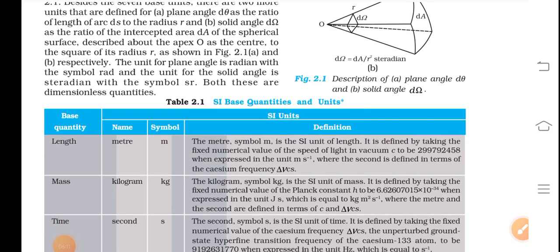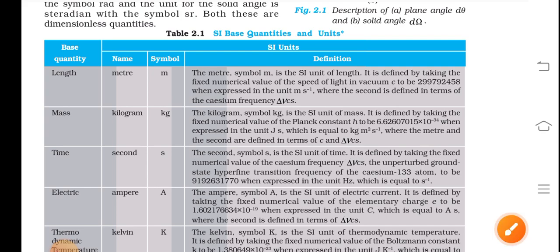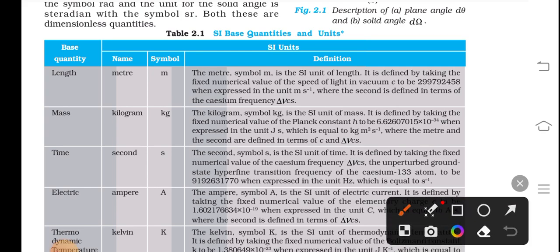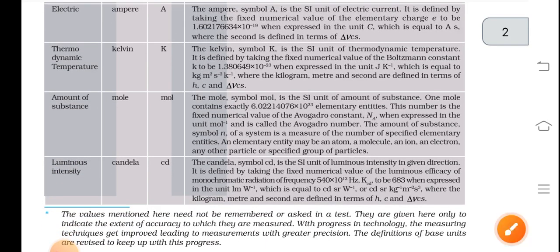They mention in Table 2.1 SI quantities and units. Just now we came across the seven basic quantities. Those are length, mass, time, electric current, thermodynamic temperature, amount of substance, and luminous intensity.